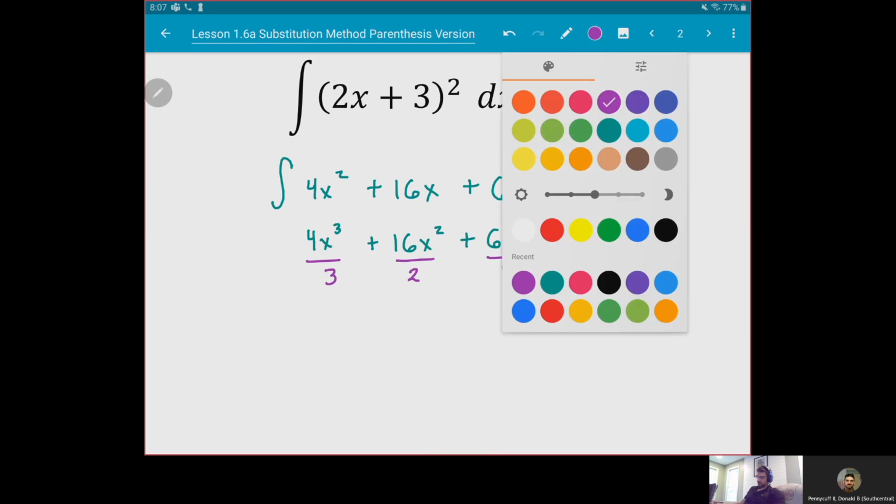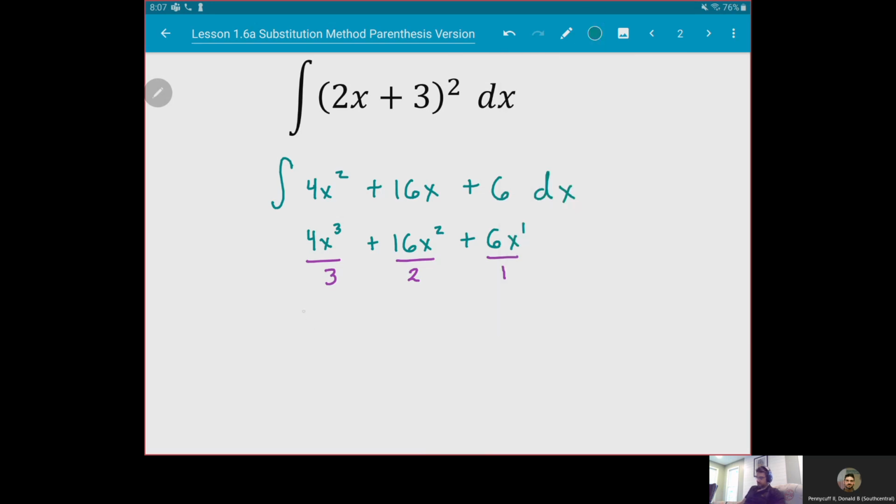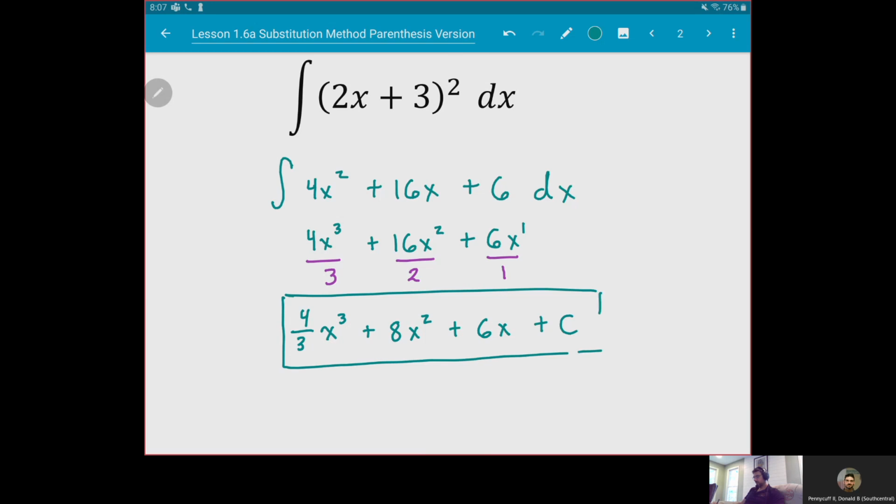And this will give me an answer of 4/3 x cubed plus 8 x squared plus 6x, and let's not forget our plus c. So if you have a parenthesis raised to a power, that is an option.